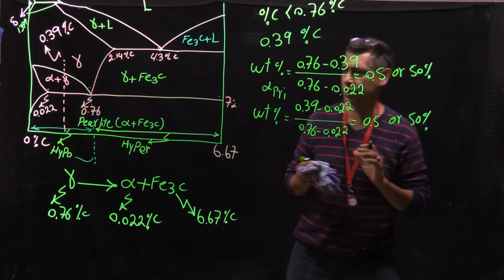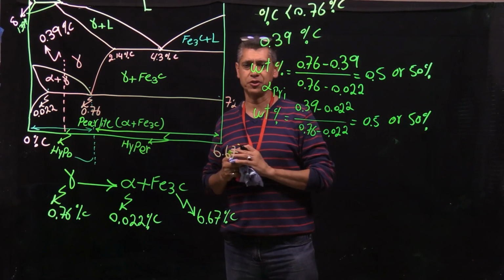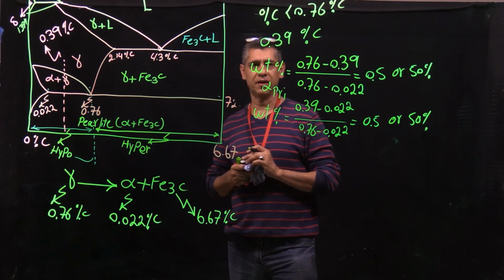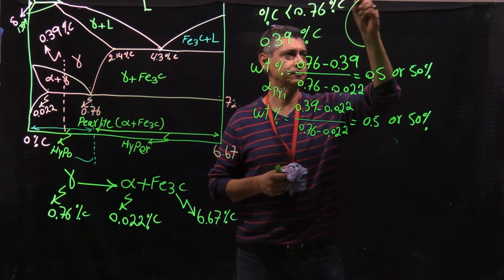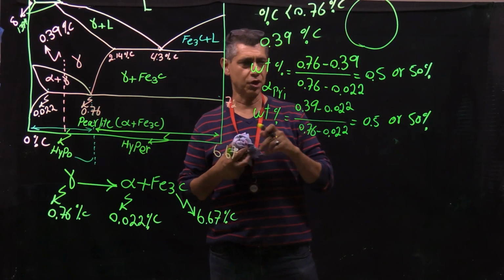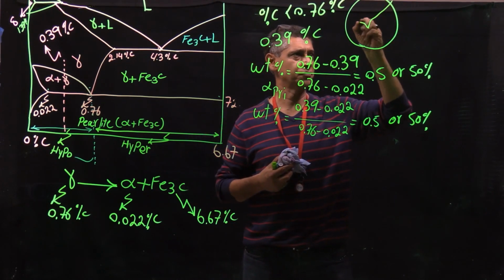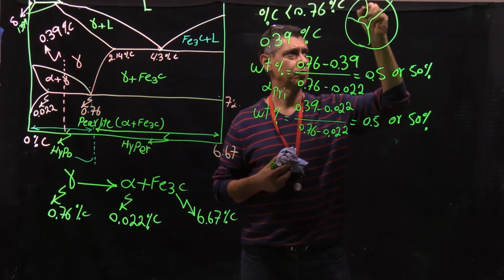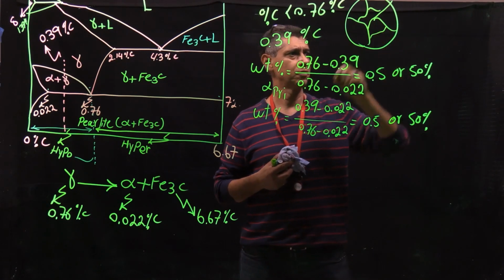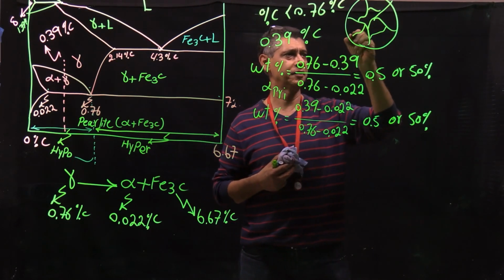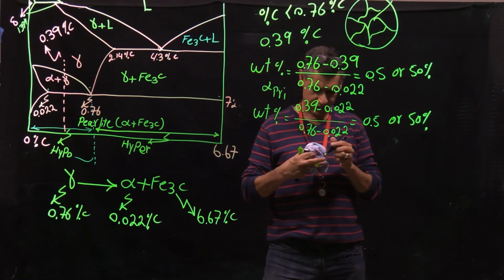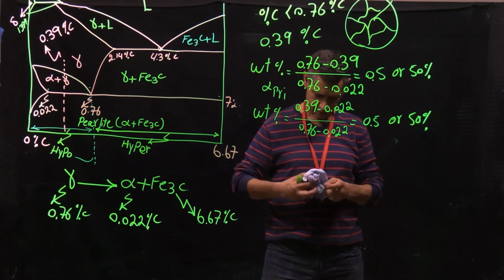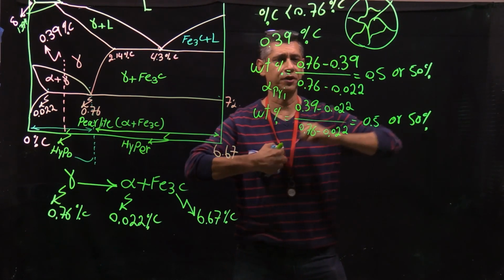So my structure is 50% white blobs of ferrite, and the remaining 50% is going to be pearlite.